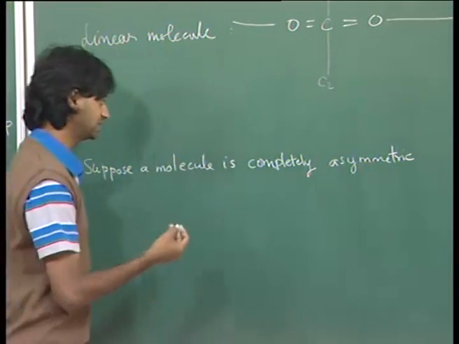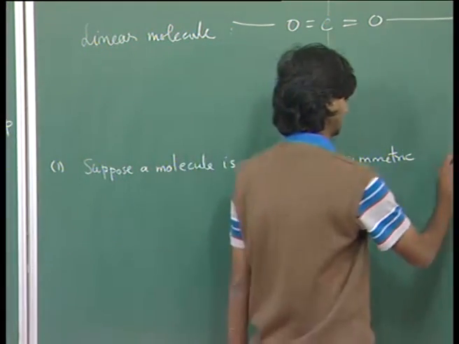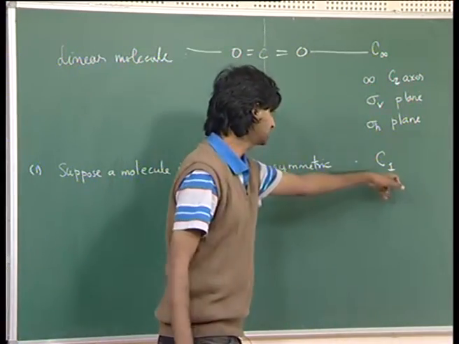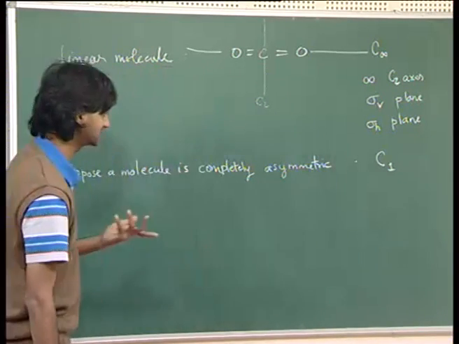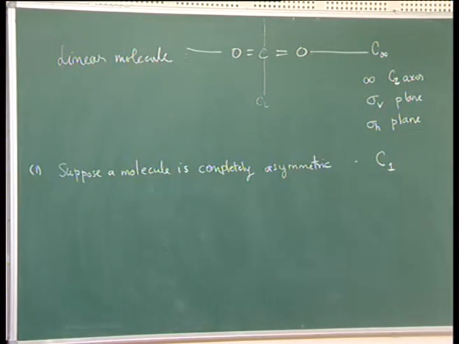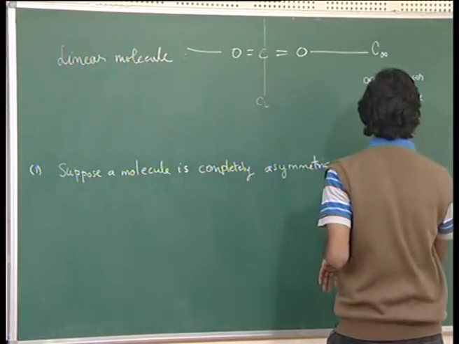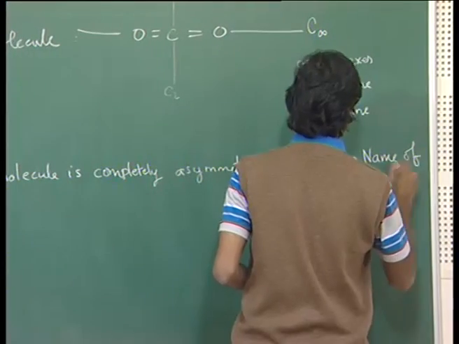That means the only symmetry element is the identity operation. Then we say that this molecule is C1. One you can think of as rotation by 360 degrees, and if you rotate any molecule by 360 degrees, you will get back the same molecule. So C1 is the name of the point group.